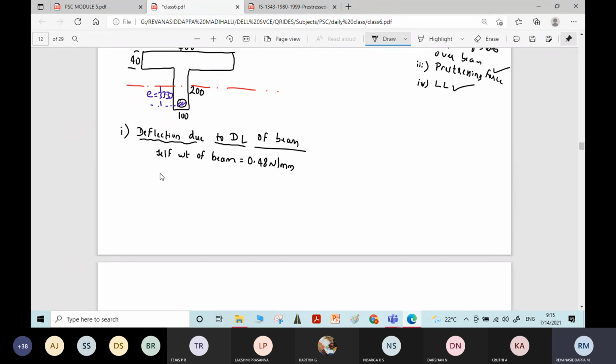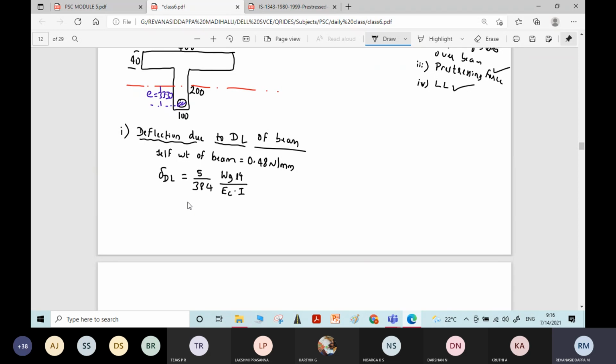So we know the formula for finding the deflection due to dead load. Delta DL is equal to, what is the formula? Anyone remembering? It is 5 by 384 WgL raised to 4 divided by Ec into I. Correct?